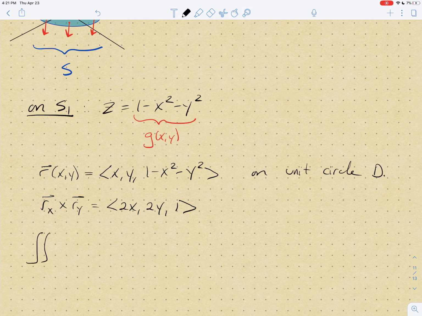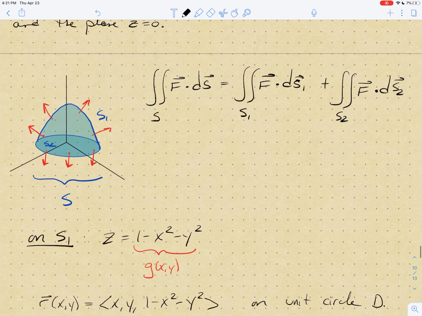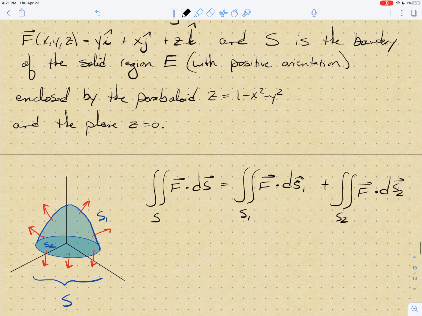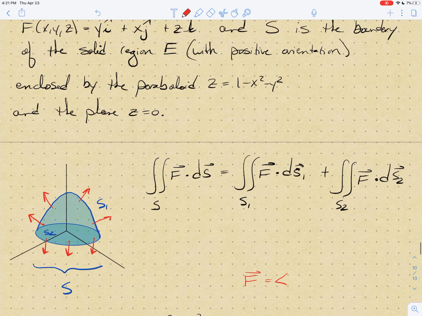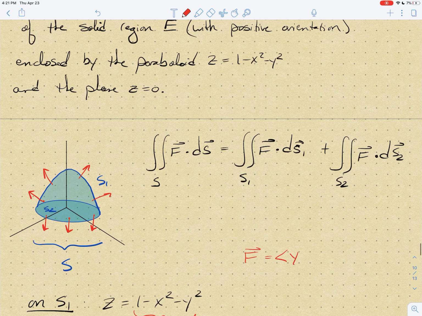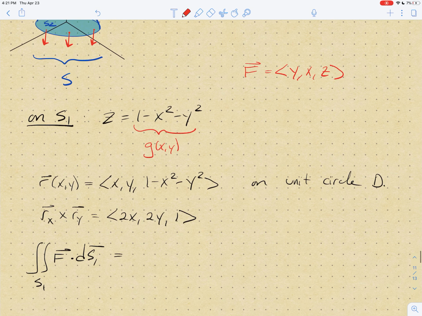And so now I'm ready to go ahead and write down the double integral over S1 of f dS1. Maybe it would be helpful for us to write down what f is where we can see it too. So I'll just put it in red right here. So f is y, x, z. And I'll need that.